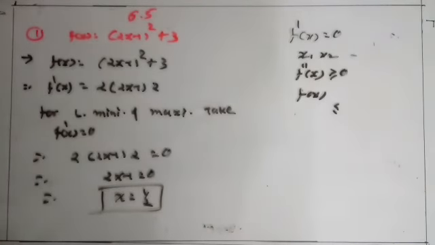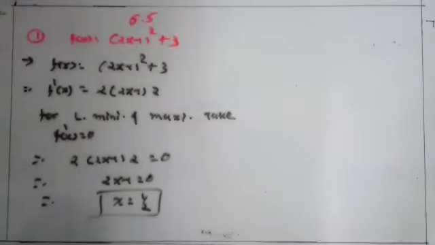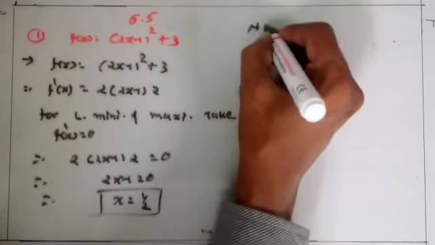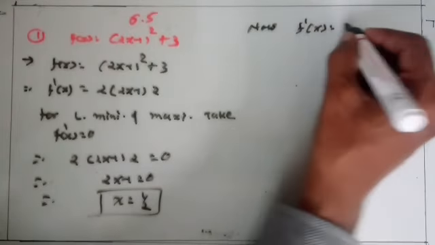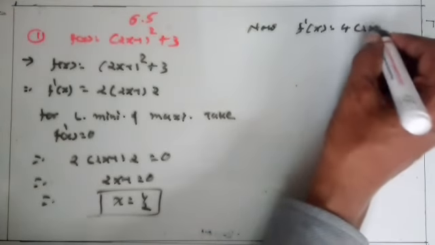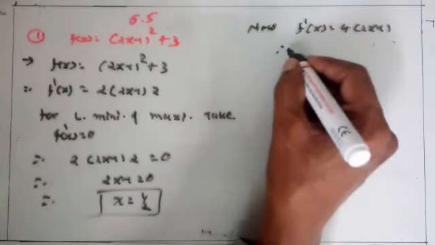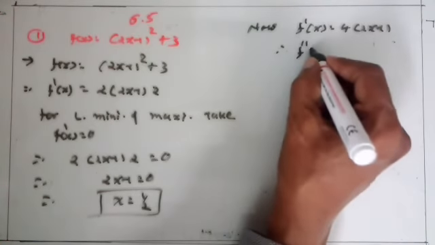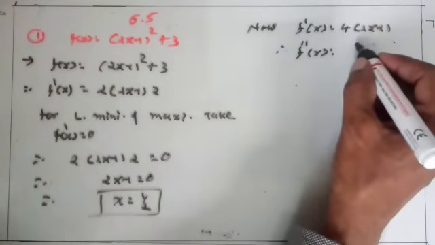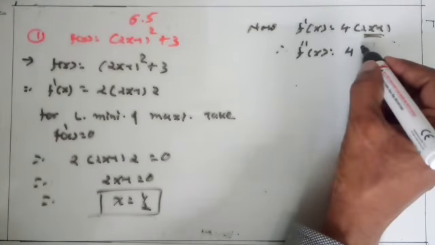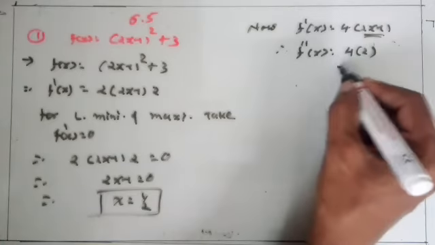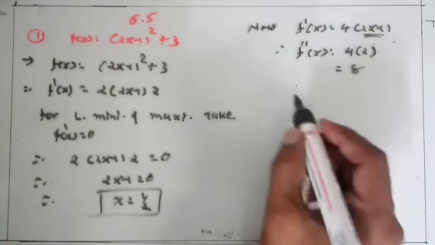Now get the second derivative. Now f dash x is equal to 4 into (2x minus 1). Therefore f double dash x is equal to 4 into the derivative of these terms, which is 2, so this becomes 8.